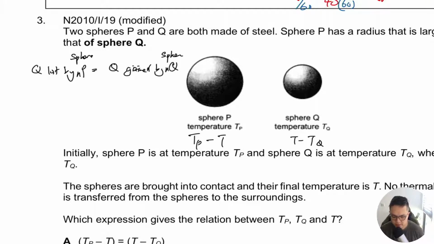Then we can write the equation. The energy lost by P, using the specific heat capacity, is the mass of P times c times Tp minus T. And this side here will be mQ c times T minus Tq.